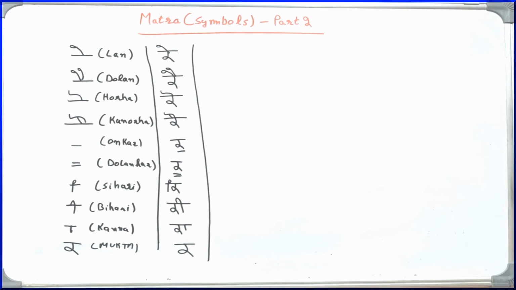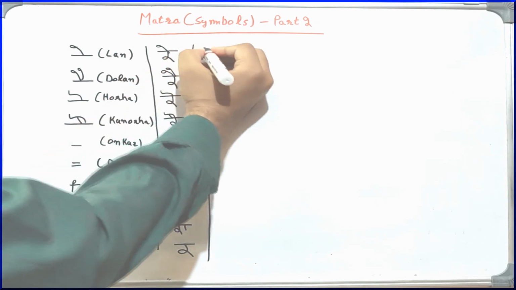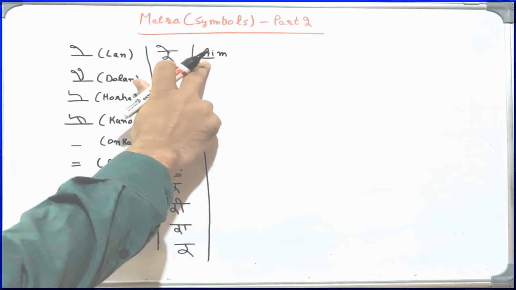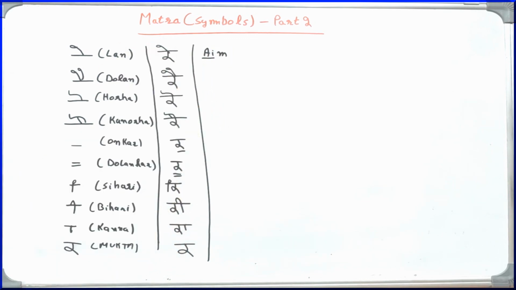Lava has the sound of A, like we have it in aim. This sound that we have in aim will be the sound of Lava. Aim, A. For Dulava, we have this example, Everest.